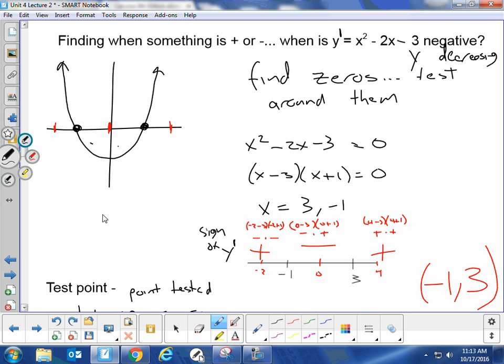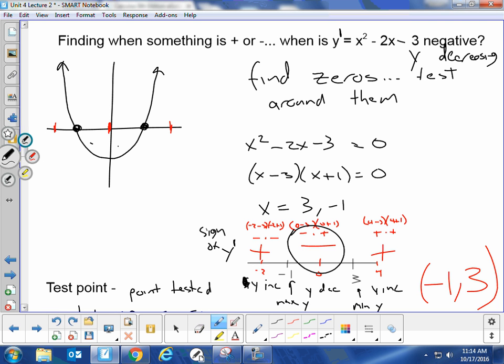And then once we have the sign of y prime, I could say, oh, my original function y is increasing. Then y is decreasing. Then y is increasing, telling me that this is going to be the location of a max of my original function y. This will be the location of a min of original function y. Y is going to be decreasing between -1 and 3.